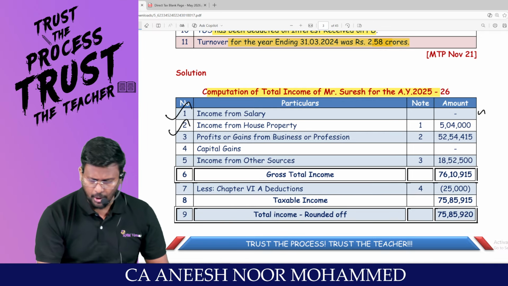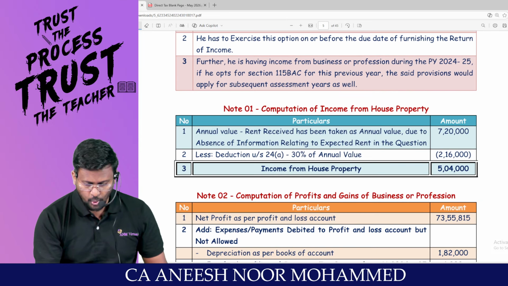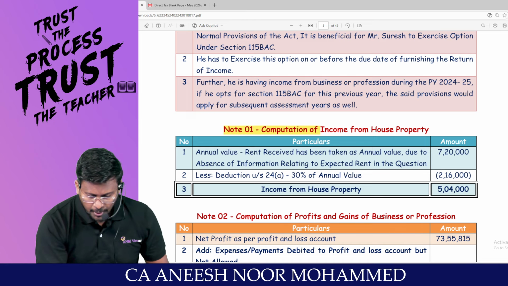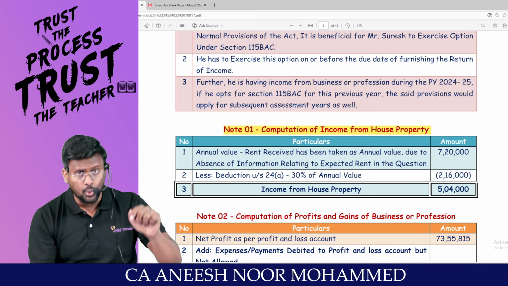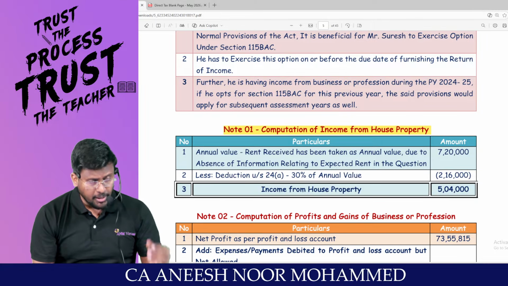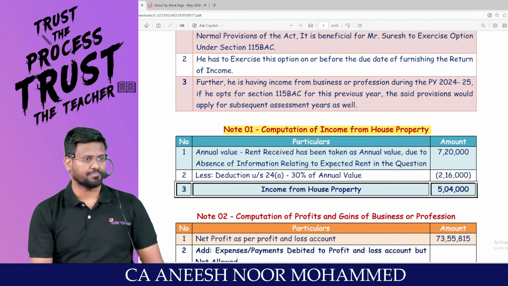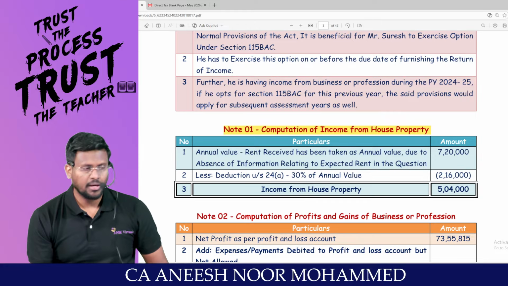Number 2, income from house property. What is the adjustment regarding house property you should do? You have to remove it from the PGBP and you have to include it in the head IFHP. First of all, in PGBP, rent received has been given. Rent received means let out property.